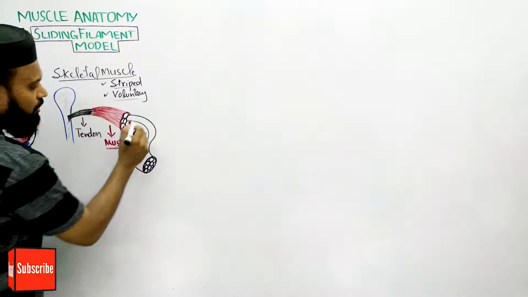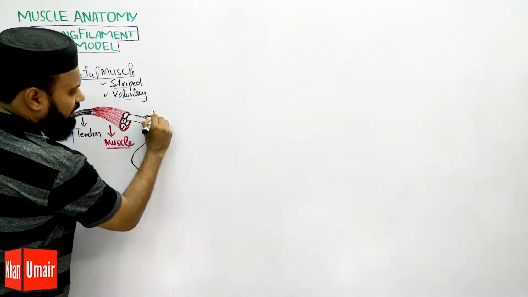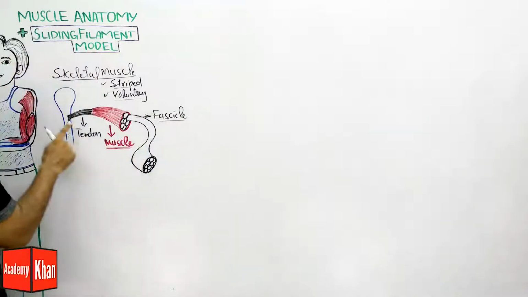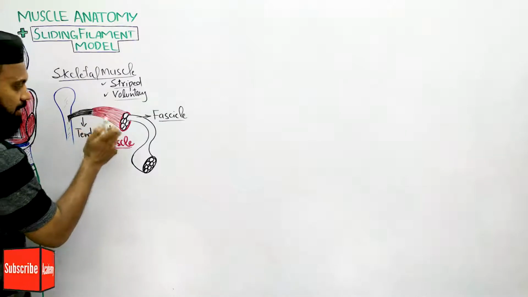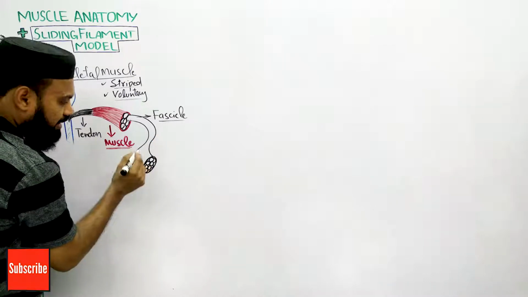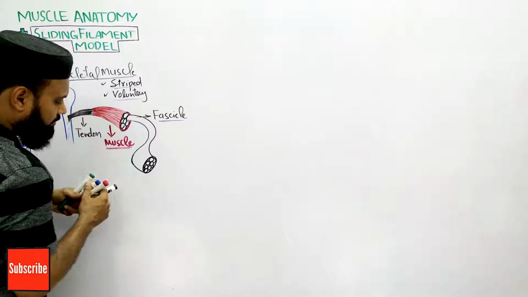But first of all, you have to learn the name of this fiber. It is called a fascicle, or you can say fasciculi. Now, the bone, tendon, the muscle, and in the muscle there is a fiber called a fascicle. And in the fascicle there are also kinds of muscles. I will show you here.